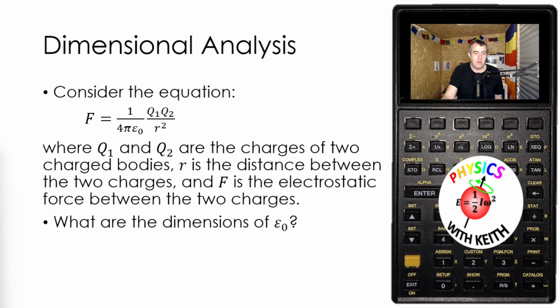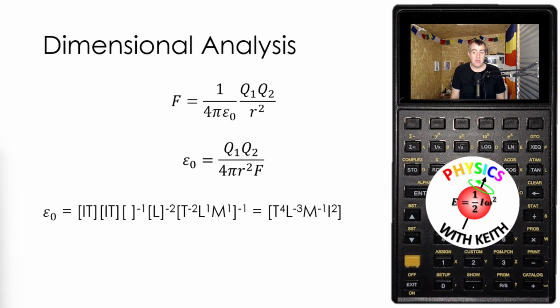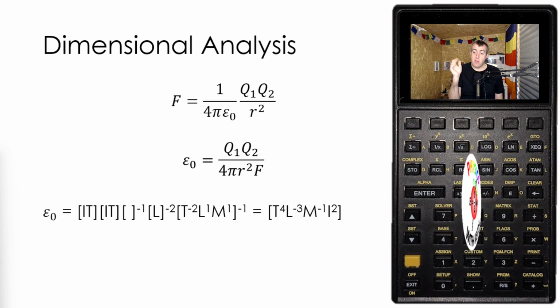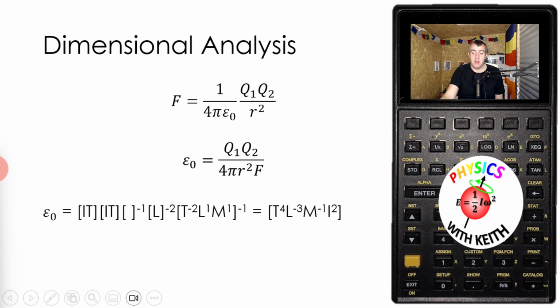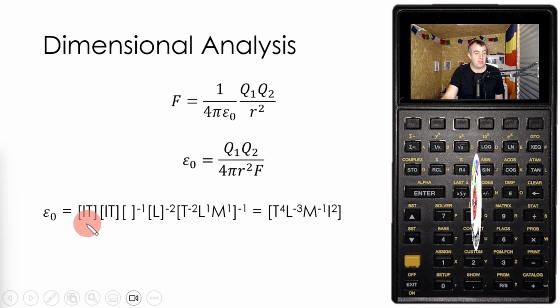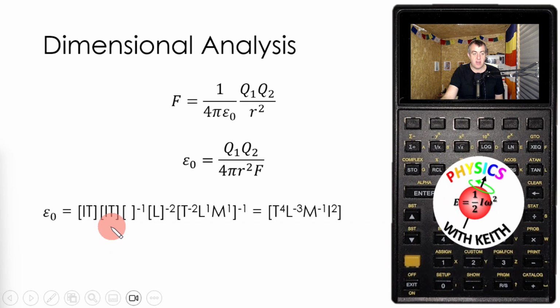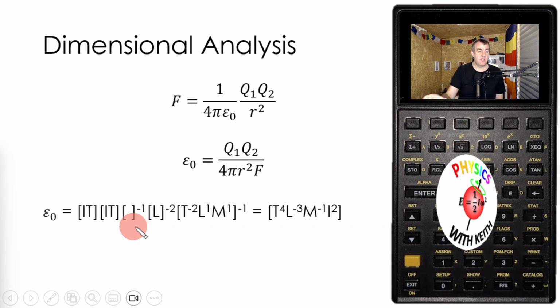The first thing we're going to do, we could take our equation, and we're going to rearrange it so that epsilon naught is the subject. Now we can do that comfortably because we've been practicing our algebra. Then what I'm going to do is put our dimensions in. Q1 has dimensions current times time. Q2 has dimensions current times time. The number 4 has no dimensions.